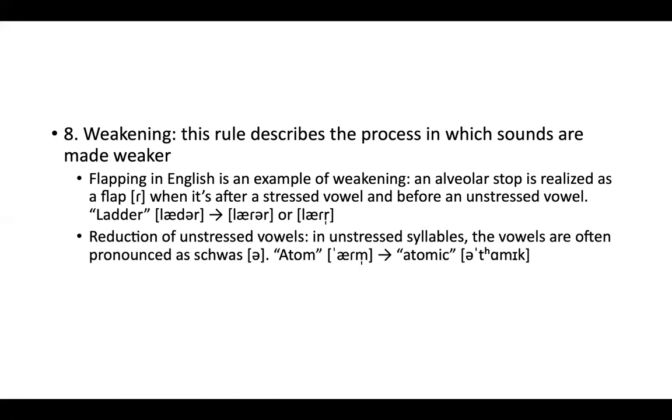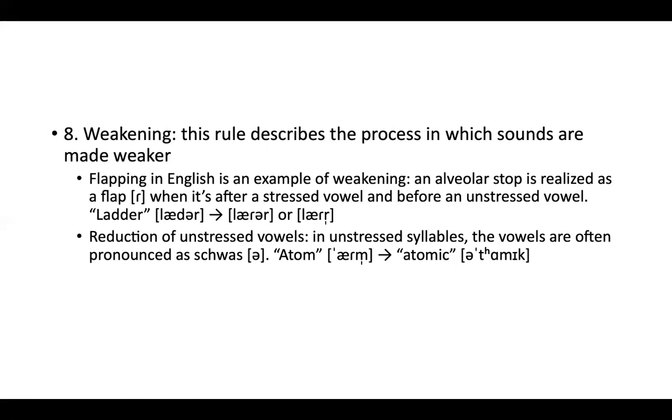And we also have reduction of unstressed vowels as weakening. In unstressed syllables, the vowels are often pronounced as schwas. And so in the word Adam, when the first vowel is stressed, it's pronounced as the ash, ae.